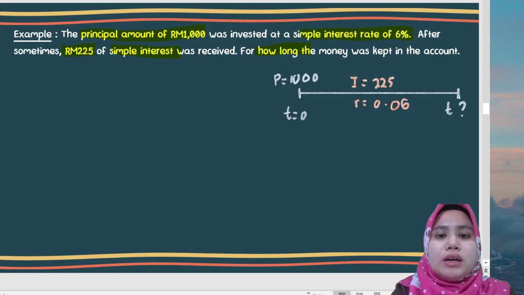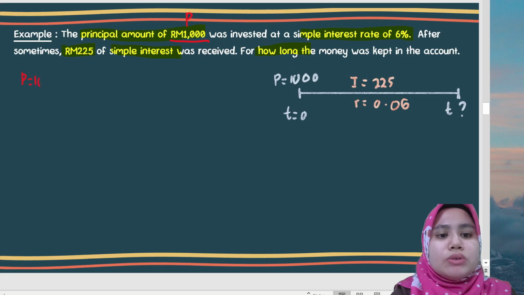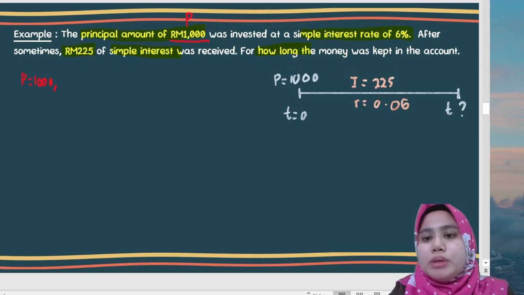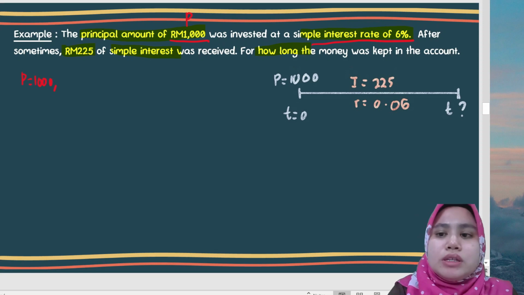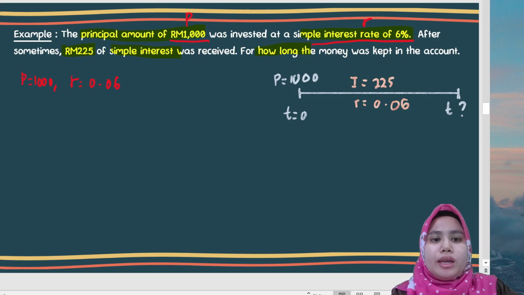Let's take out the information. Our P is 1,000. Simple interest rate is our R, so R is 0.06. Simple interest is our interest gain, the value is 225. How long means you want to find T.